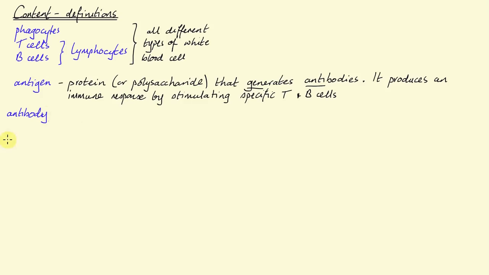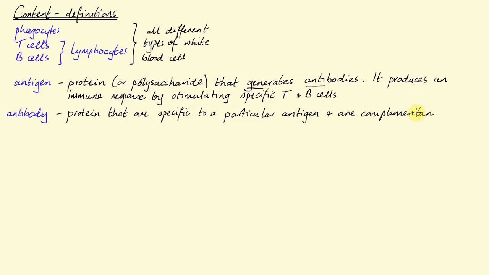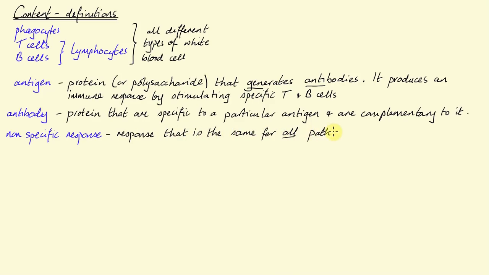Antibody, these are proteins that are specific to a particular antigen. And they are complementary to that antigen. Non-specific immune response. This kind of does what it says on the tin because it is the response that is exactly the same for every pathogen infection.